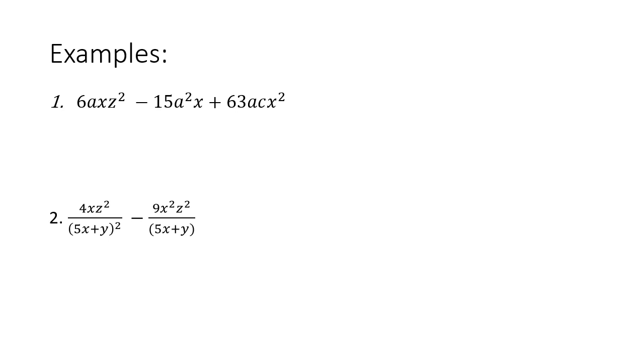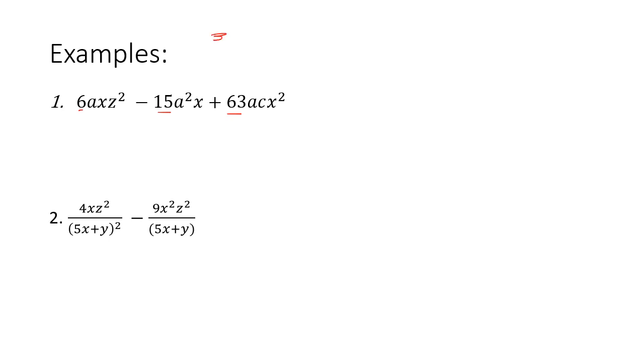what is a common factor. So here you have 6axz squared minus 15a squared x plus 63acx squared. Here you need to check what are the common factors that you have for each term. So you have 6 here and then you have 15. You have 63. So the greatest common factor is 3.